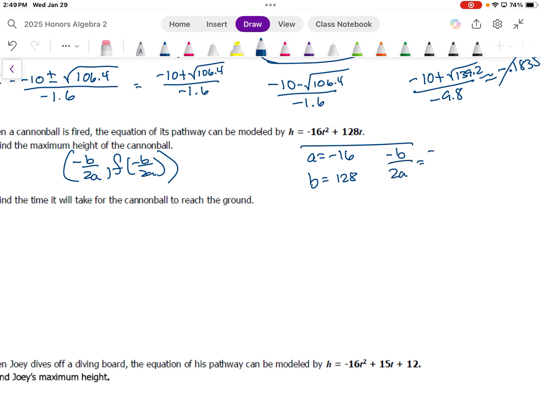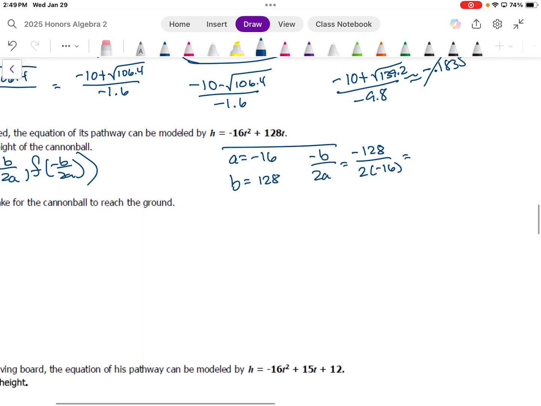So that's negative 128 over 2 times negative 16. So that is negative 128 over negative 32, and that's equal to 4. So at 4 seconds, once that cannonball was fired, it reached its max height.